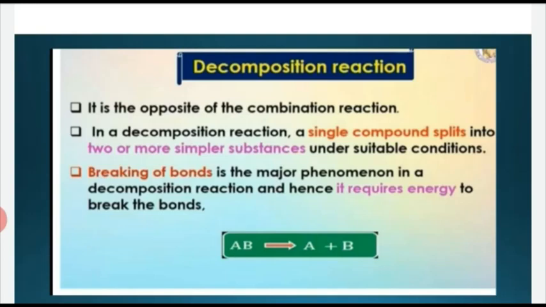Hence, it requires energy to break the bonds. We can see the schematic equation: AB which gives A plus B. That is, a single compound is split into two or more simpler substances.